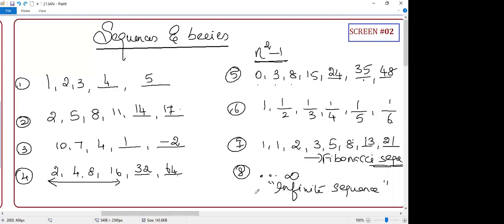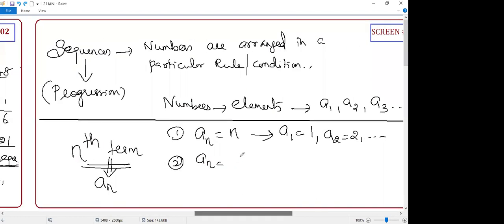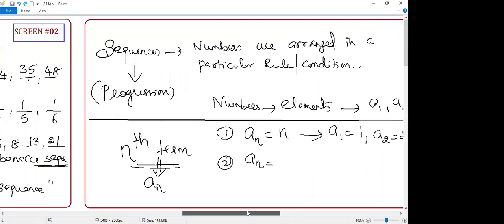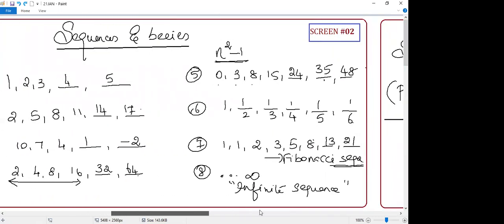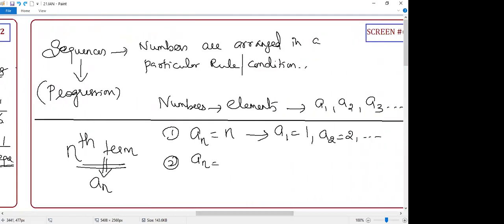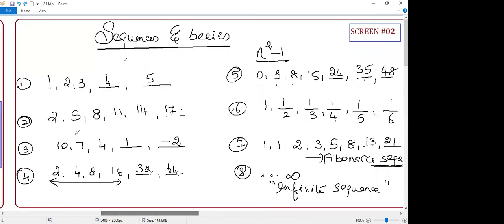That is called the rule. Clear or not? Sir, n equals 3 or what, sir? No, you have to write some term. I'm going to substitute 1, then I will get the first term. So you have to tell me what is the common rule behind that. This is called the nth term.